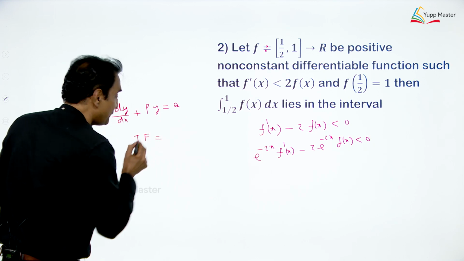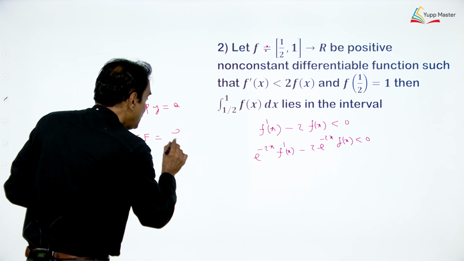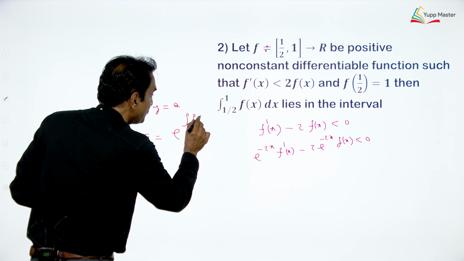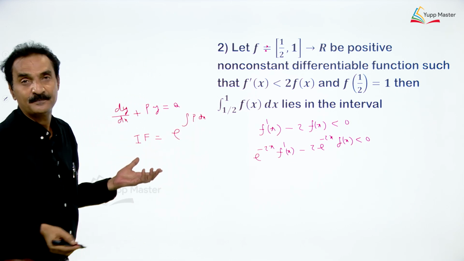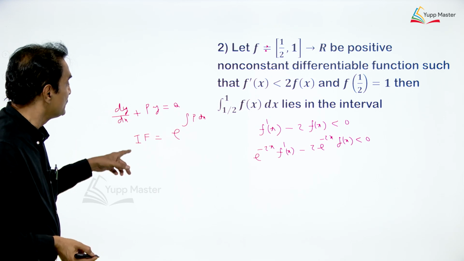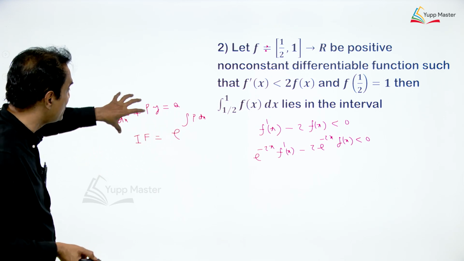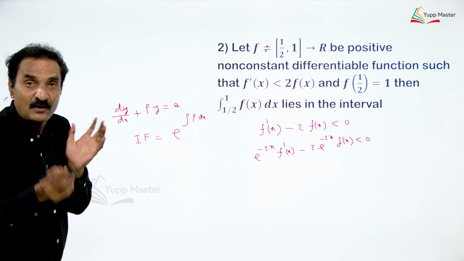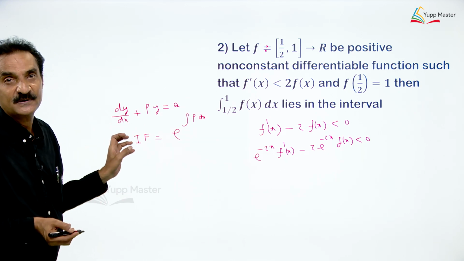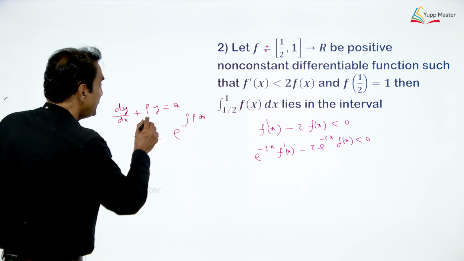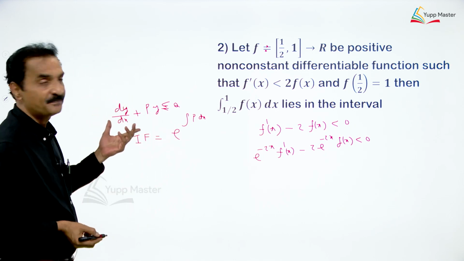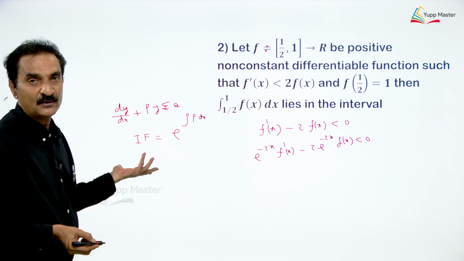Integrating factor is e power integral p dx. Okay. See, then what happens if you multiply by this, left hand side becomes derivative of a product. That is the purpose of integrating factor. Similarly, even if it is some inequality, we can follow the same method.